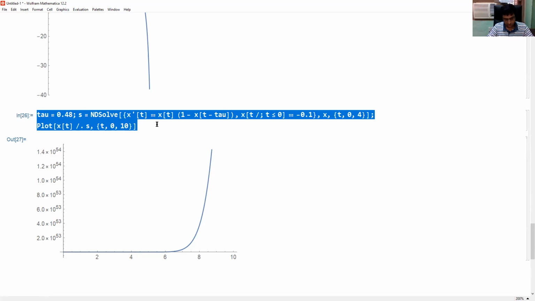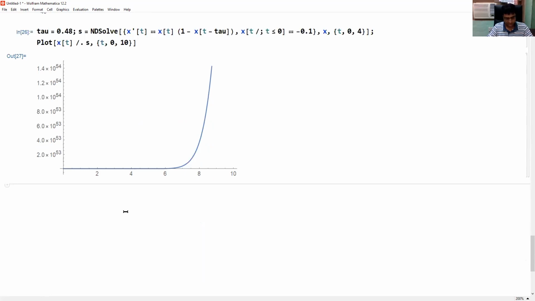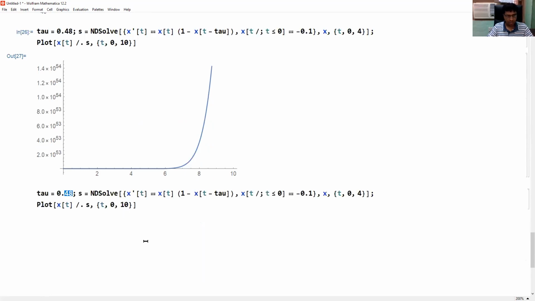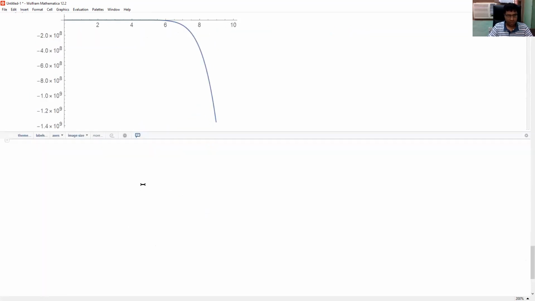So this was for tau equal to 0.48. You can try for different values of delay. Instead of 0.48, you may choose any other value. Let me choose tau equal to 1. Unbounded. So this was about equilibrium point 0.